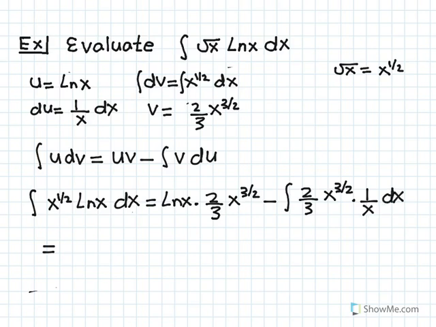All right, let's simplify this. We get 2/3 x to the 3/2 log x minus, bring the 2/3 out, and x to the 3/2 over x to the 1, we can subtract the exponents, and we get the integral of x to the 3/2 minus 2 over 2, that is 1/2, dx.